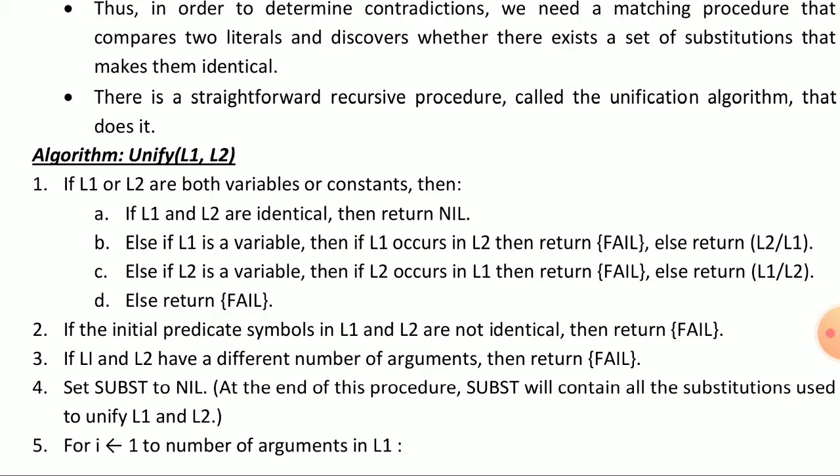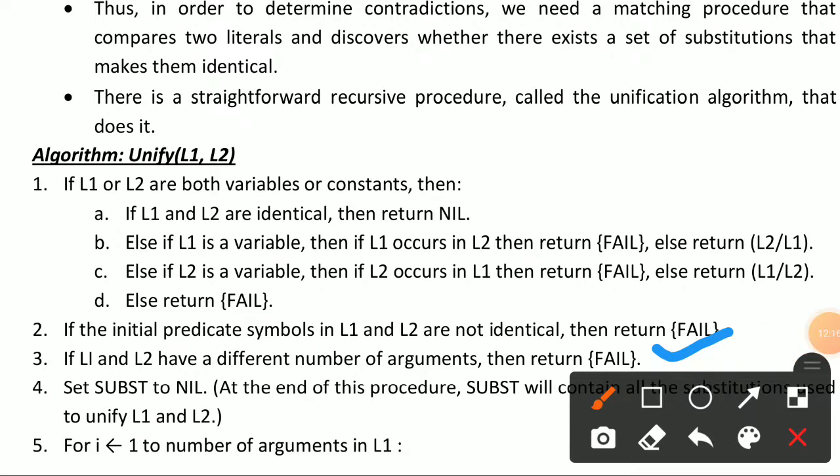Okay, this is our second step. Our third step is: if L1 and L2 have a different number of arguments, then return fail. Suppose L1 and L2 are two different predicates and they have a different number of arguments, then we return fail.